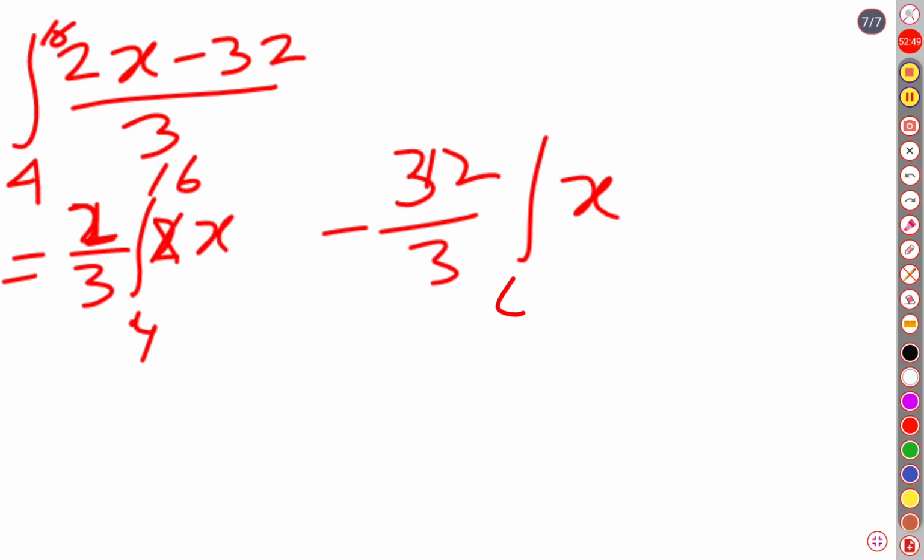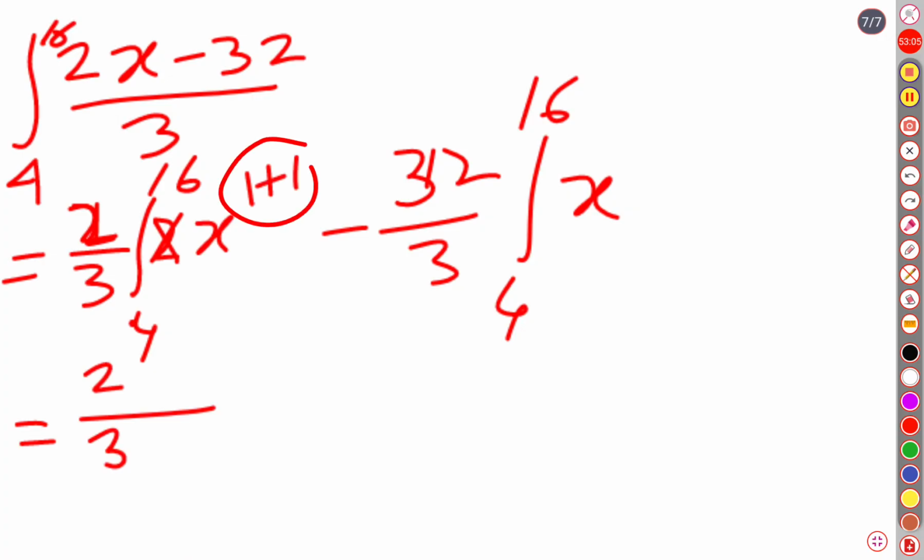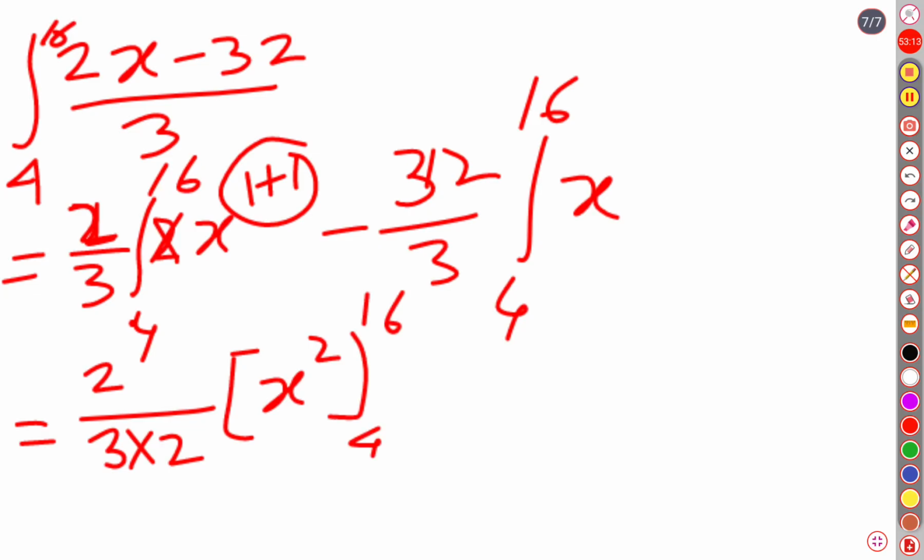Here the exponent is 1, so 1 plus 1 means 2, and these 2 will go down, and the function is going to be x square, from 4 until 16, and it is 32 over 3.